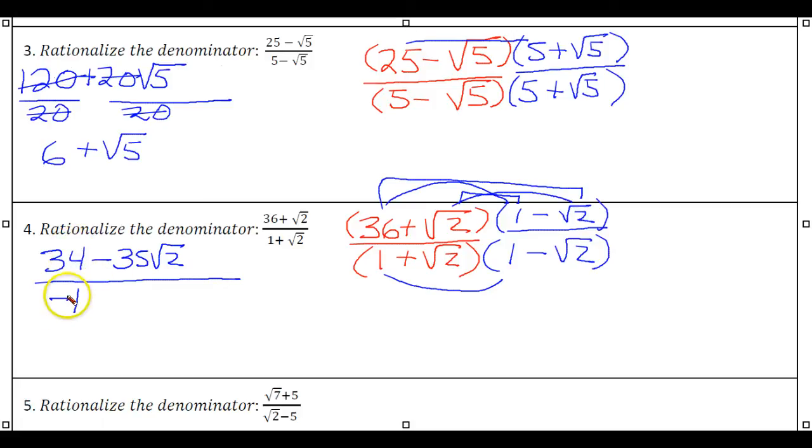Now again, we don't want to have a negative in the denominator, so we're going to make this a negative and this a positive. And that's our answer. We have rationalized the denominator, and it's quite a detailed process.